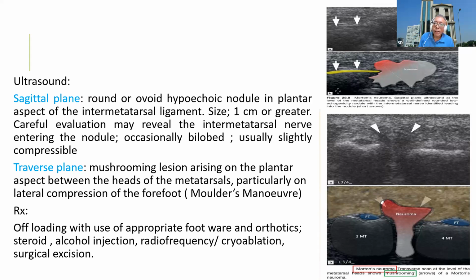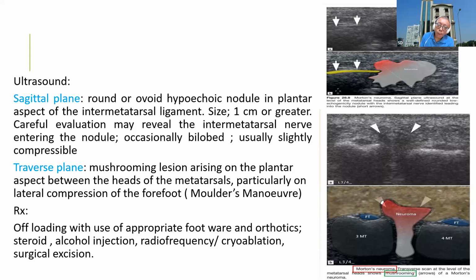Another treatment is again local infiltration of local anesthetic and steroid. We can also give an alcohol injection for chemical neurolysis, or go for heat ablation, that is radiofrequency ablation of this neuroma, or cryoablation. If none of these are working, we can go for surgical excision as a last resort.